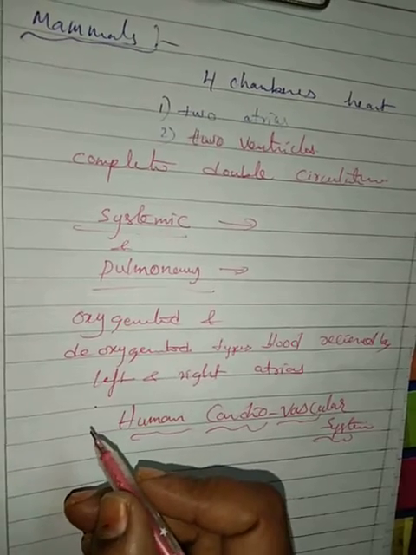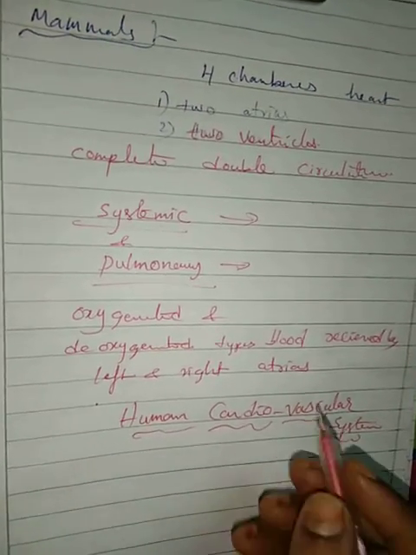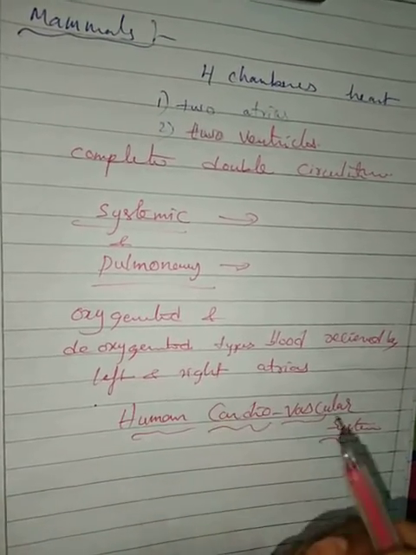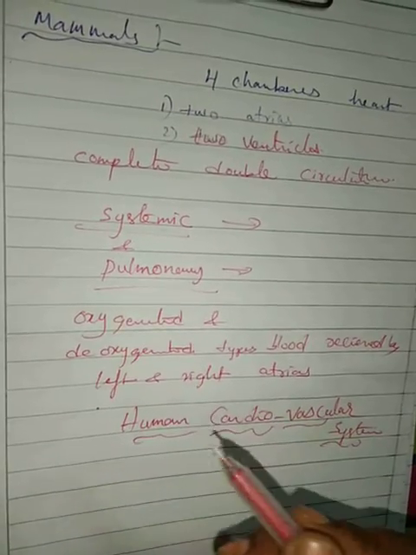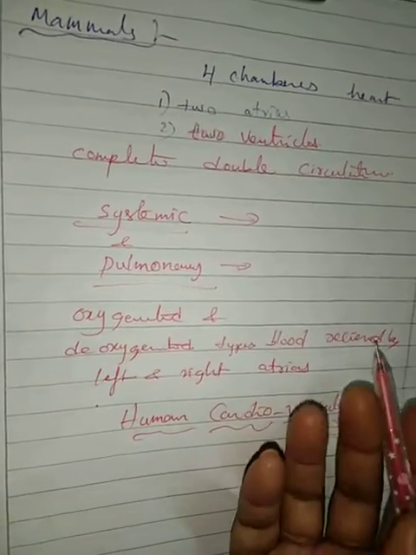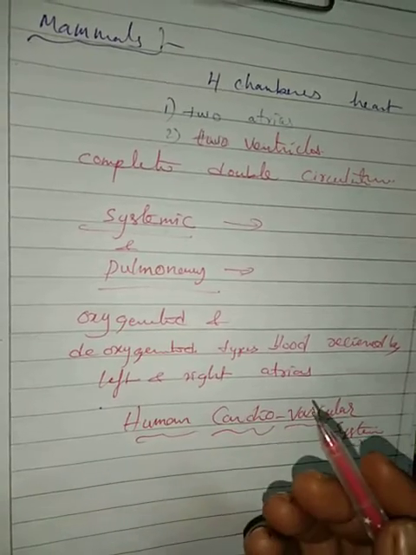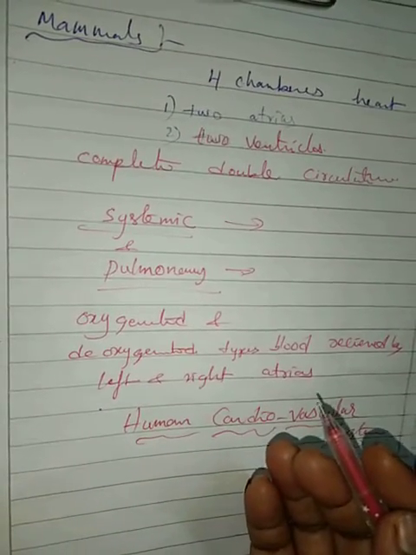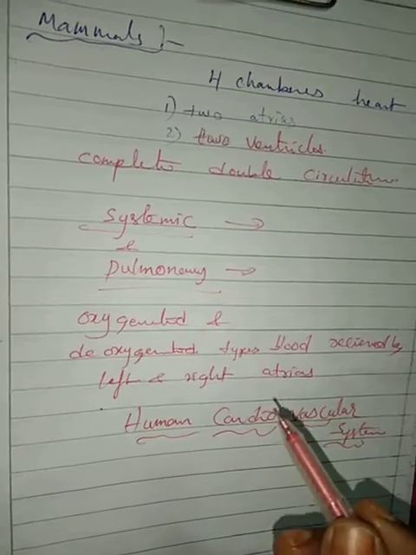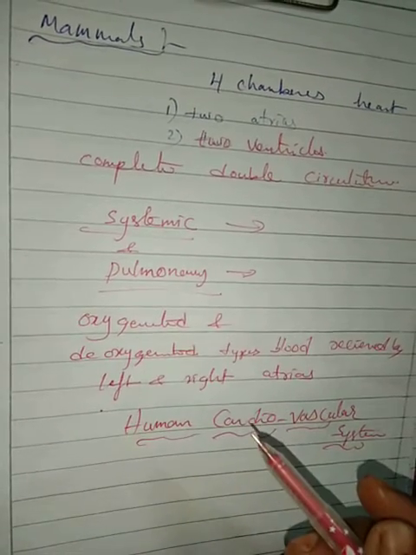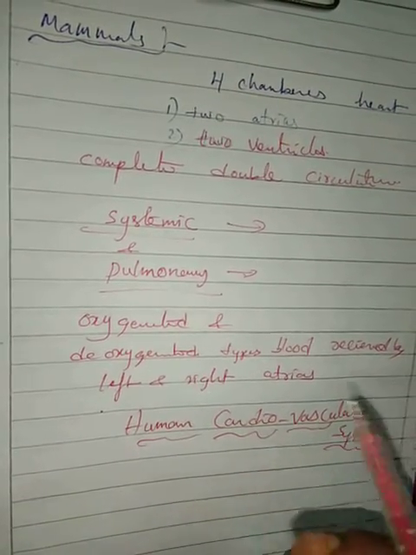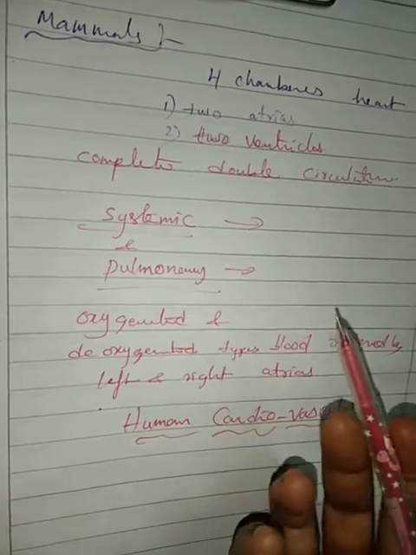Fishes have the two-chamber heart, one atrium and one ventricle. It has the branchial heart because it pumps out deoxygenated blood to the gills for oxygenation. Amphibians have a three-chamber heart, two atria and one ventricle.